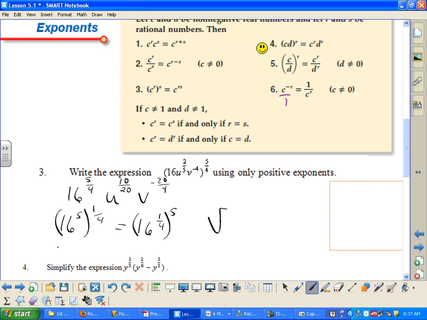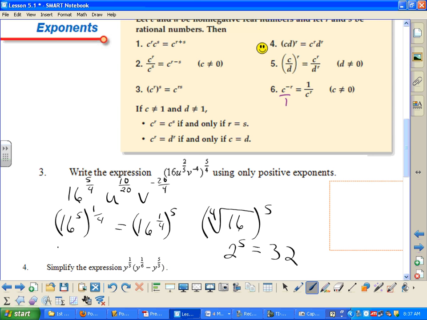That's the same as the 4th root of 16, isn't it? What number raised to the 4th power is 16? 2 is, right? 2 to the 4th power is 16. So that means this is 2 to the 5th power, which is 32.